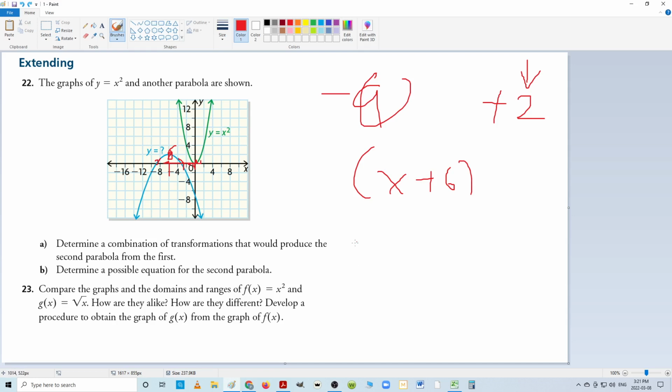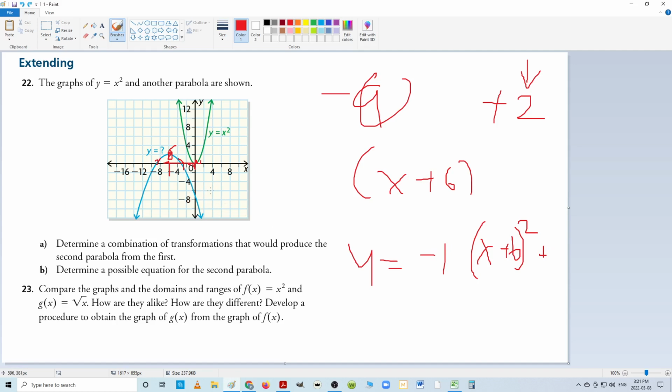So if I was going to do this, I would just say y is equal to minus 1 times x plus 6 squared, and then add 2. But I would need a couple bits more data.